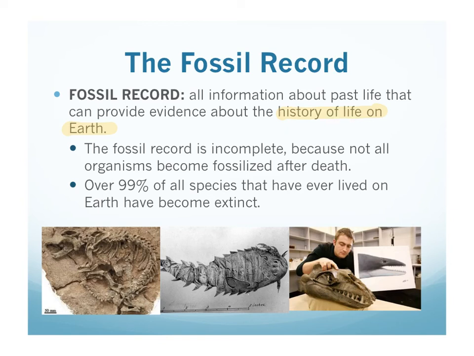So I like to think of the fossil record as a book. The fossil record is incomplete, though, because not every organism that has ever lived has become fossilized after death. Over 99% of all the species that have ever lived on the Earth have become extinct, but we don't necessarily have fossils of all of those species.